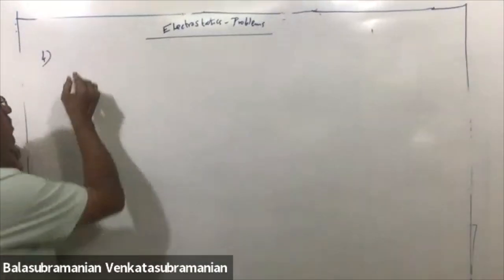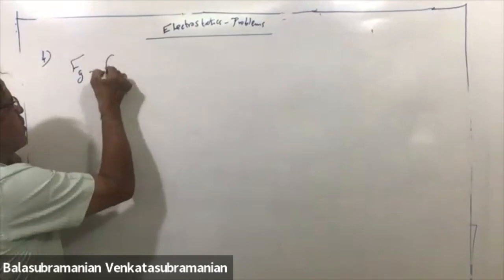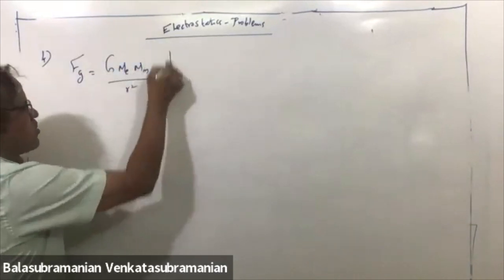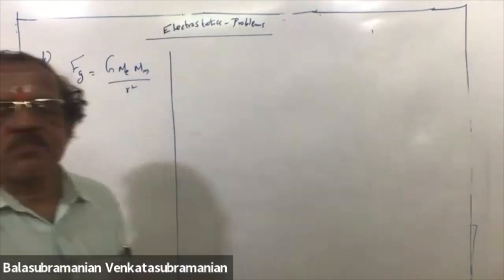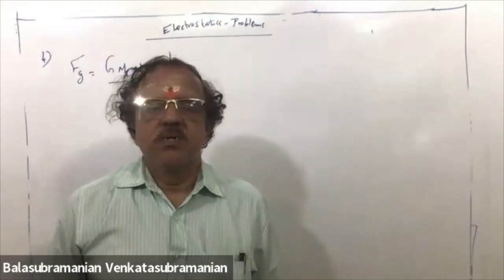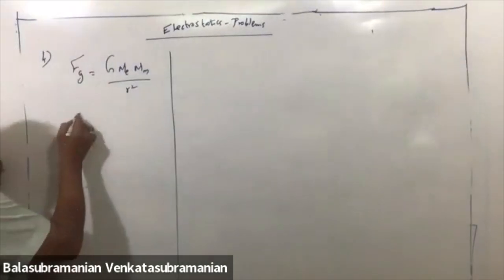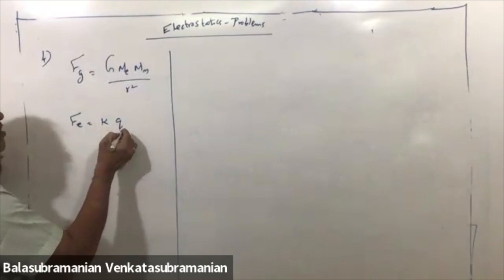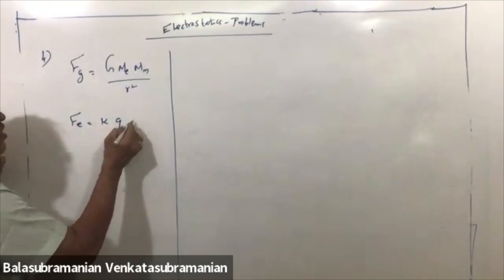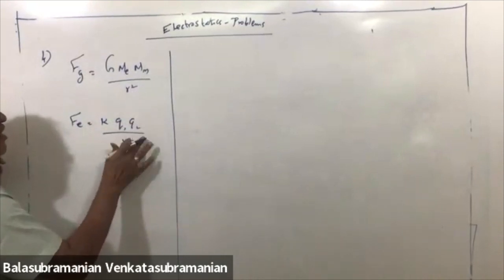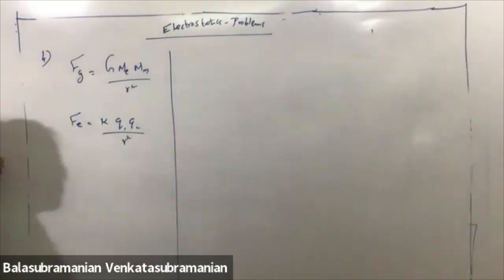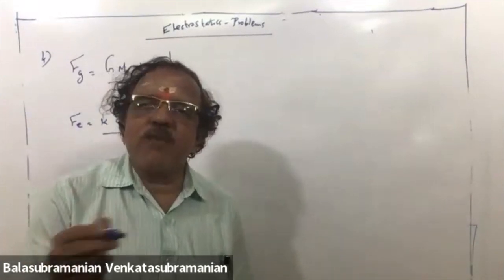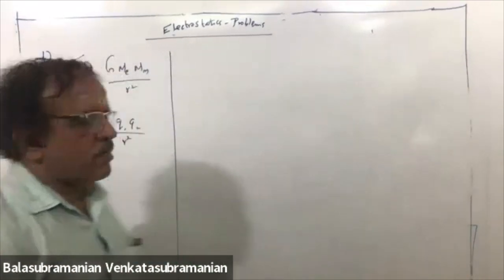So Newton's law of gravitation only, Fg is equal to G m1 m2 by R square. Electrostatic force, K Q1 Q2 by R square. Both the bodies same charge plus Q, that is the question.